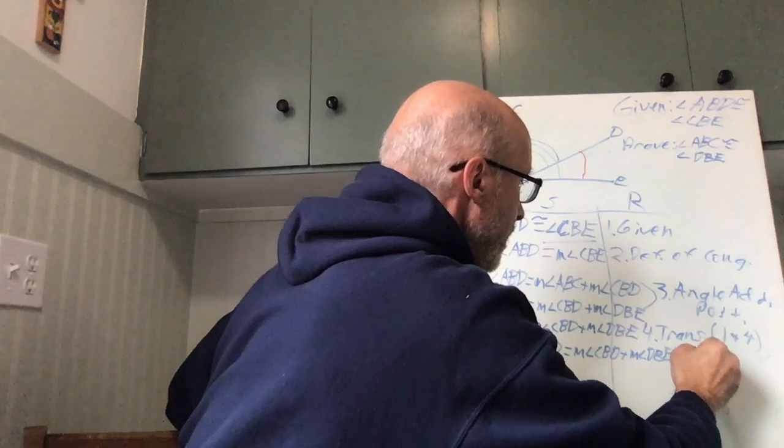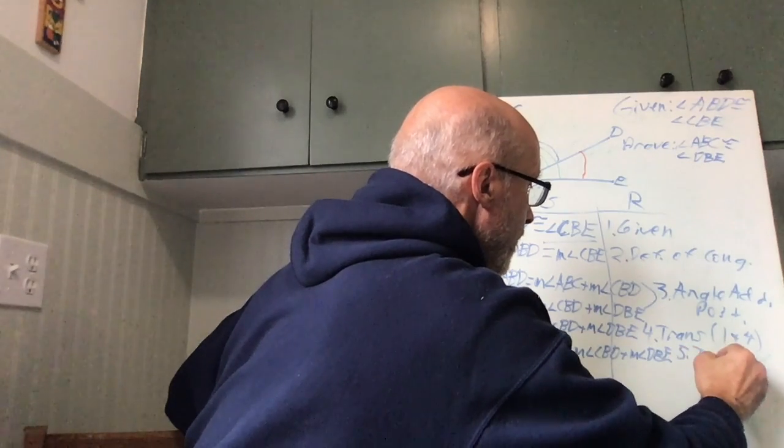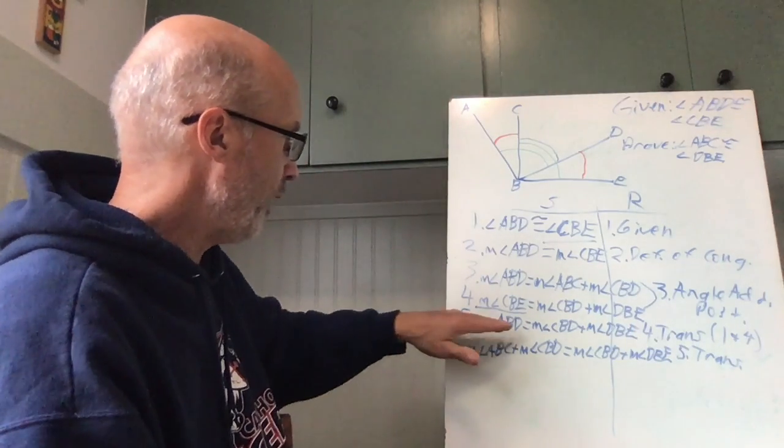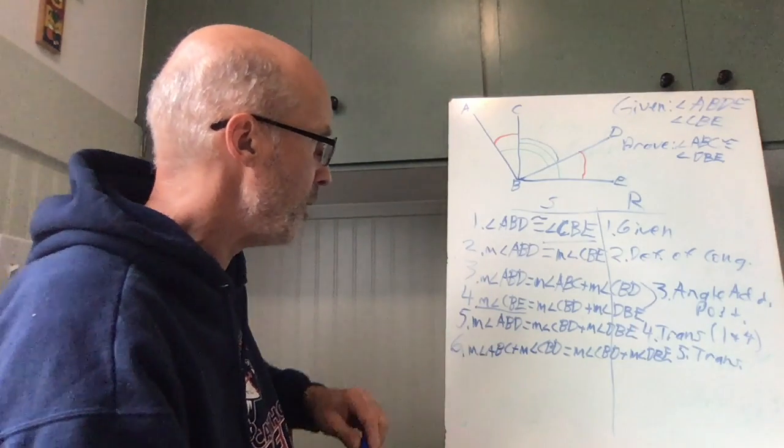And again, sorry this is getting messy, that is the transitive property, because remember, they both equaled ABD, so now I can just cut out ABD.